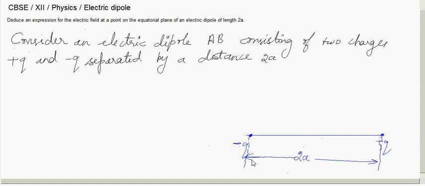So we have to find out the electric field at a point on the equatorial plane.